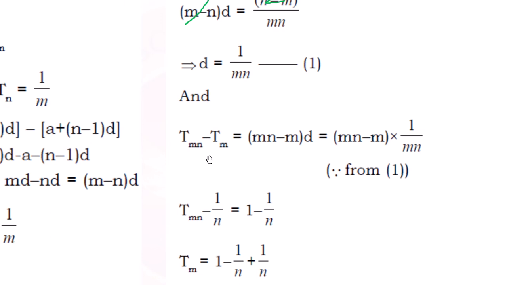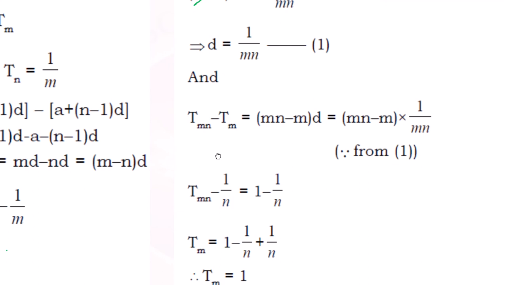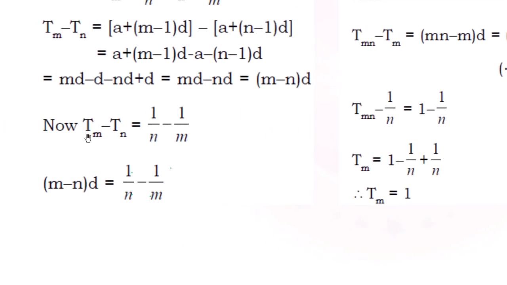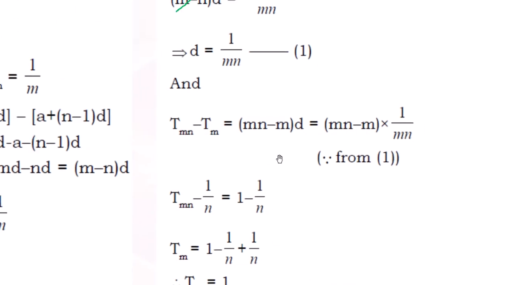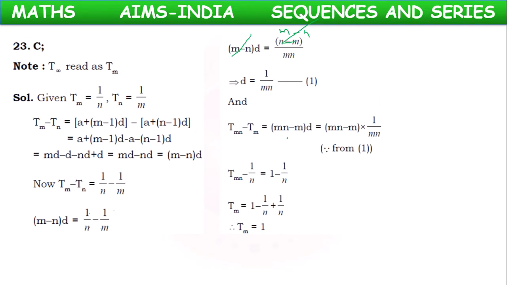So we got the d value here. But Tm minus Tn equal to, we have the formula m minus n into d. So m minus n into d, there is some mistake. One minute, children.